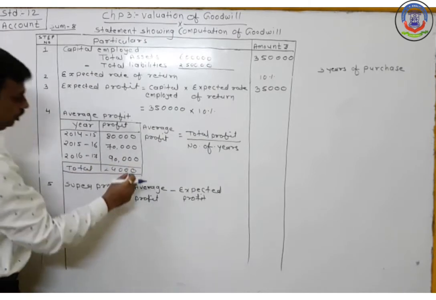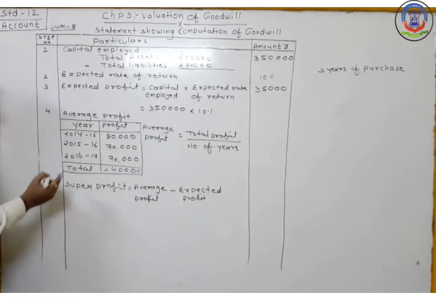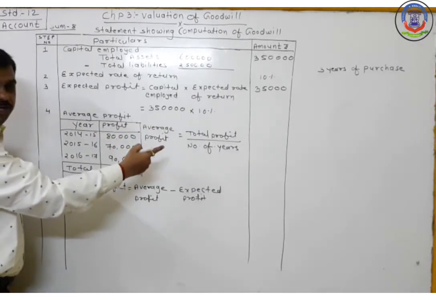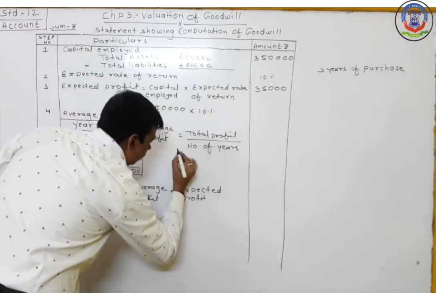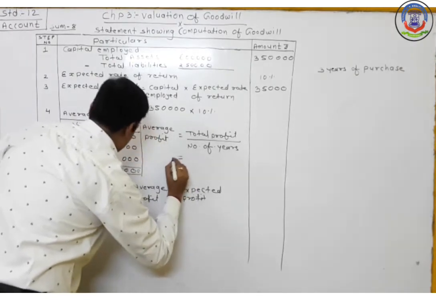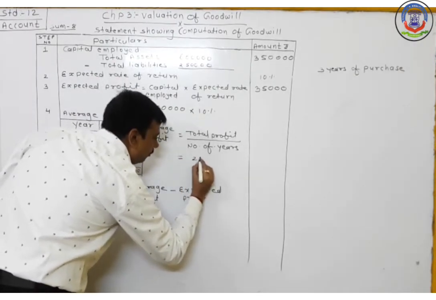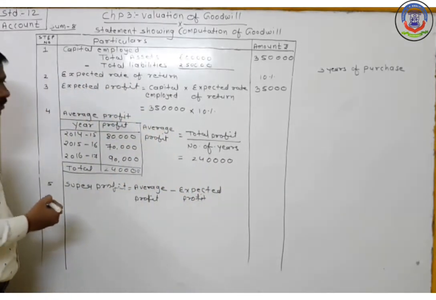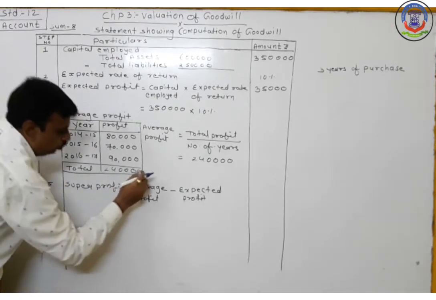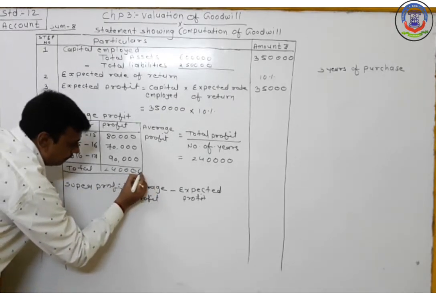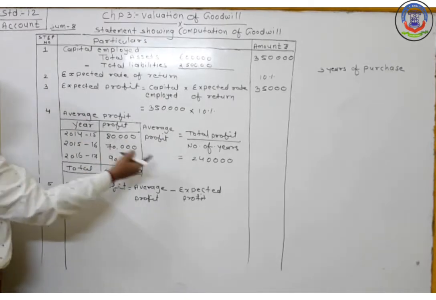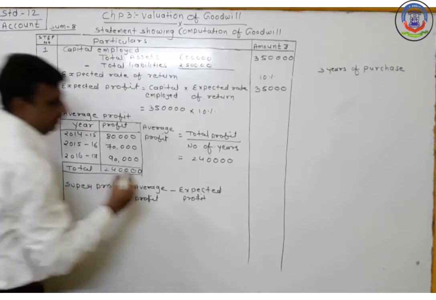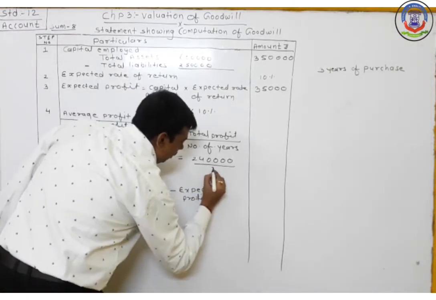Now we are going to find out average profit. Average profit equals total profit divided by number of years. Total profit is rupees 2,40,000 divided by the number of years: 1, 2, 3, a total of 3 years, so divided by 3.